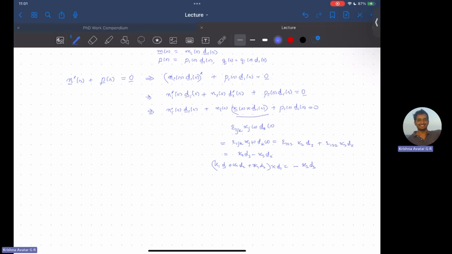I think we made some mistake here. Then d3 cross d1 is d2, giving kappa 3 d2 with a minus sign overall. So now it's consistent, right? Fine.